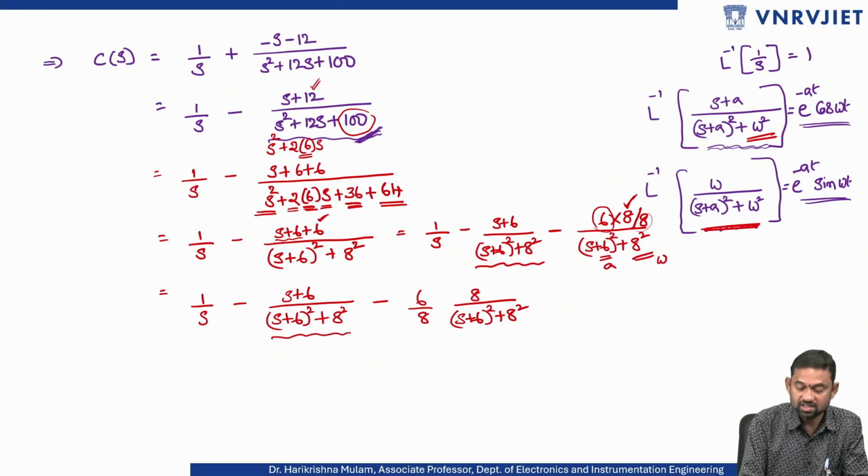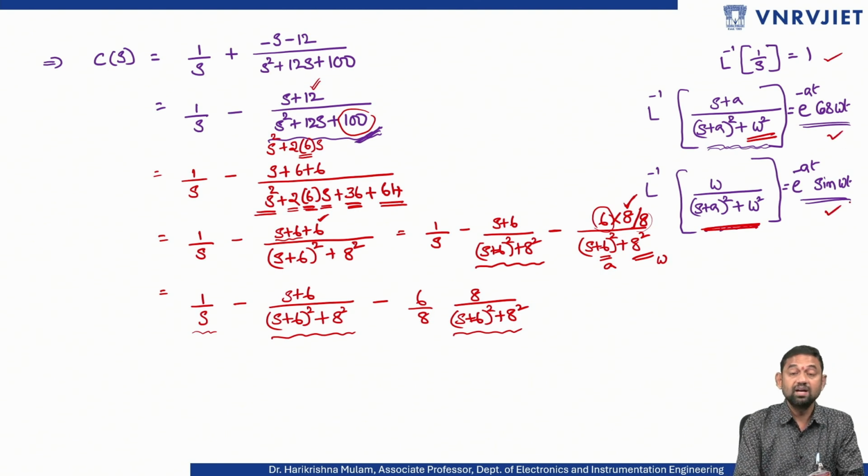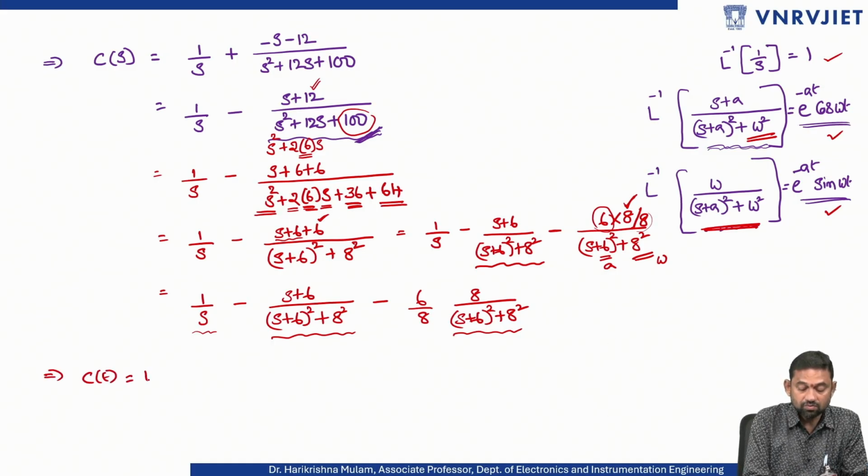Now, this is in the standard form, this is in the standard form, this is in the standard form. Therefore, you can apply all these inverse Laplace transform formulas and get the expression for C of t. Therefore, C of t is equal to the inverse Laplace transform of C of s, which is the inverse Laplace transform of 1 by s, that is 1, minus the inverse Laplace transform of (s plus 6) by ((s plus 6) whole square plus 8 square), which is e power, what is a here?